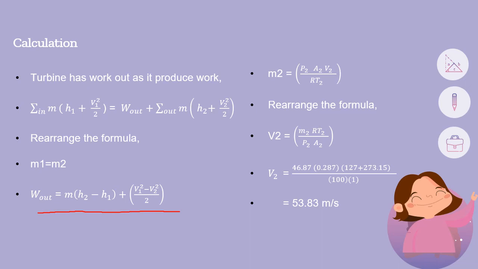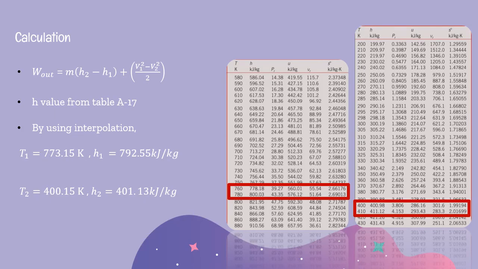We can also get the value of V2 from the ideal gas law by rearranging the formula: m2 of 46.87 times R of 0.287 times temperature in Kelvin, divided by the pressure of 100 kilopascal and area of 1 meter square. This is the value of V2.